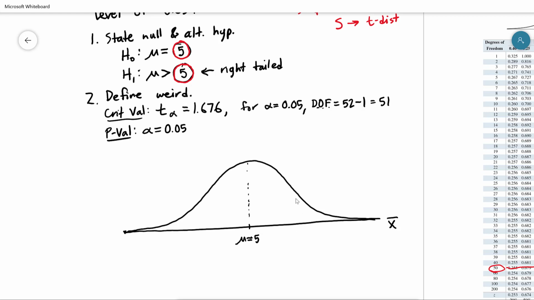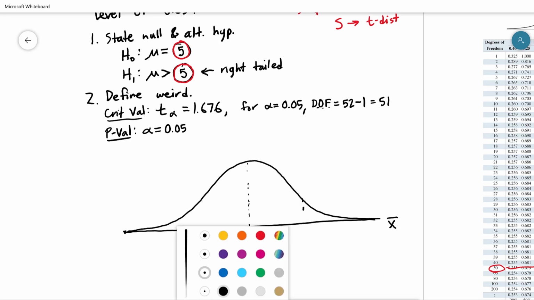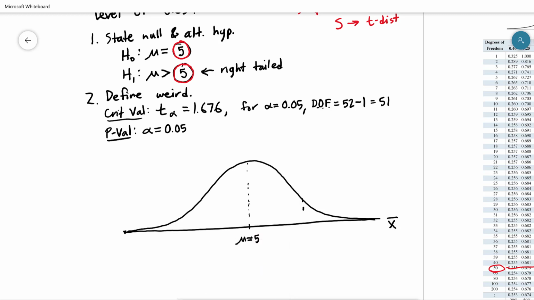We know it's above average, so it's somewhere over here on the right. But I want to decide if 5.8 falls over here, that's not such a weird result. But if it falls way over here, that's a really weird result. And so we are defining what we're going to consider weird. And in this case, we're saying, okay, I'm going to cut off, if I can write this here, come on. There's my cutoff.